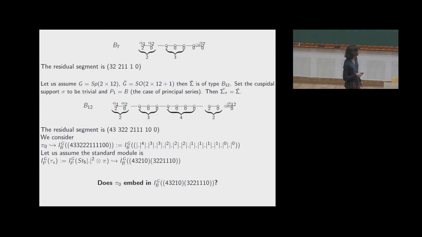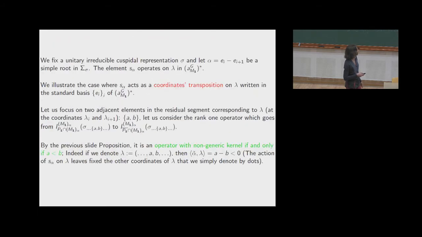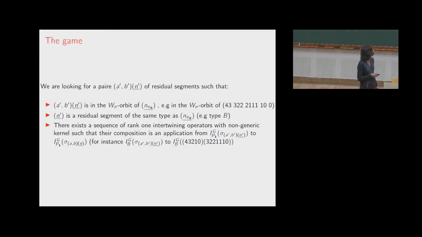This one. So we want some other cuspidal support I can embed in, and then some map from this one to this one.